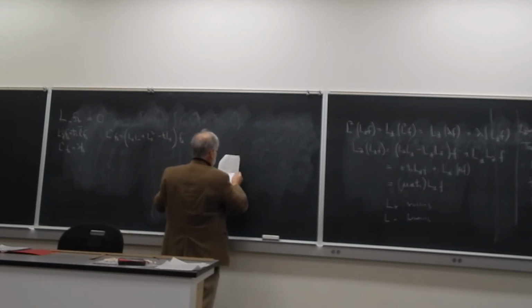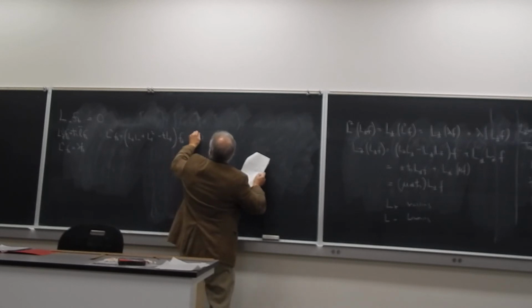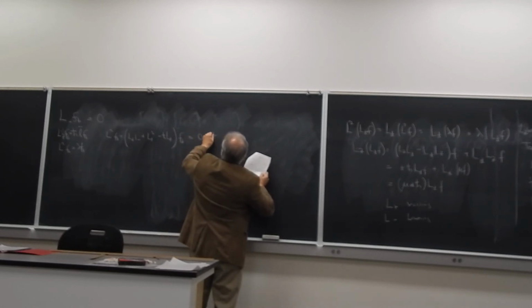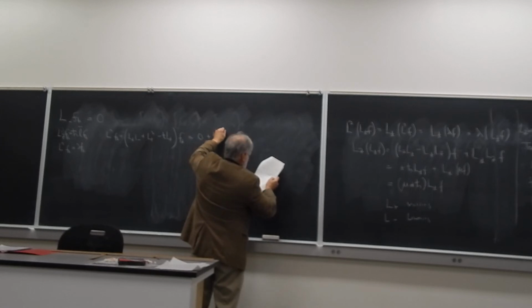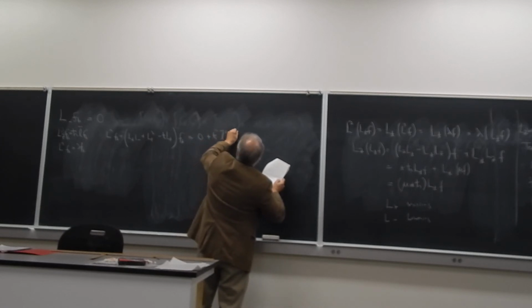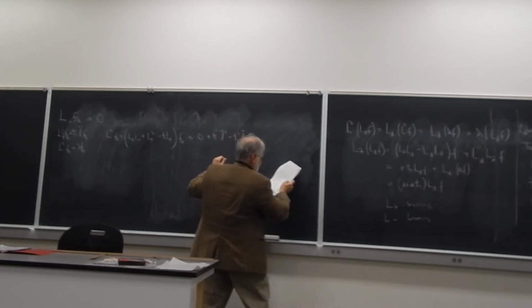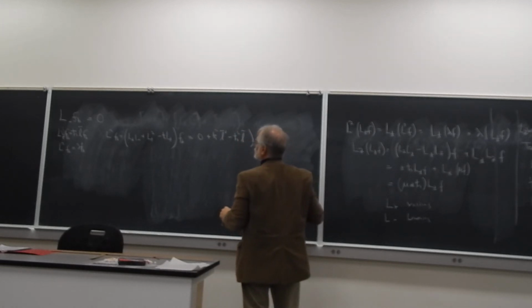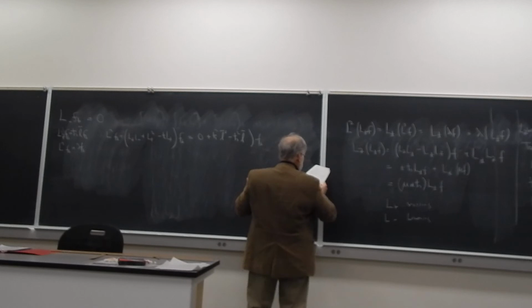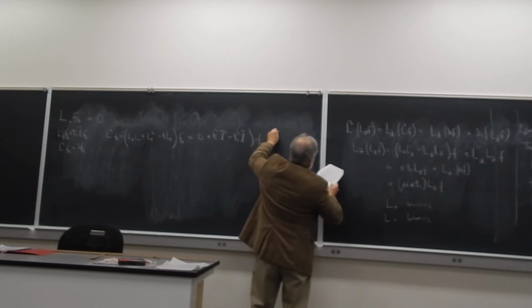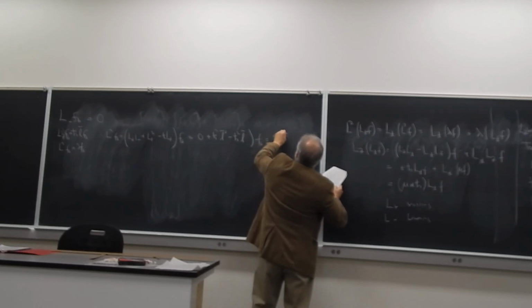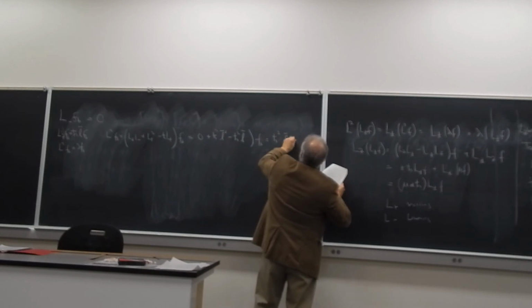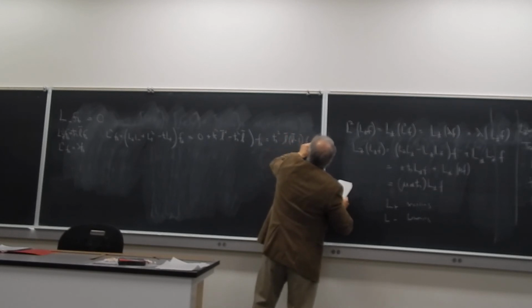Just similar to what I did before, I'm going to get 0, plus h bar squared L bar squared minus h bar squared L bar times f sub b, which I can write as h bar squared L bar times L bar minus 1 f sub b.